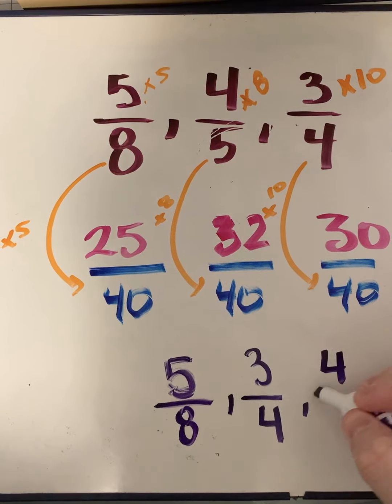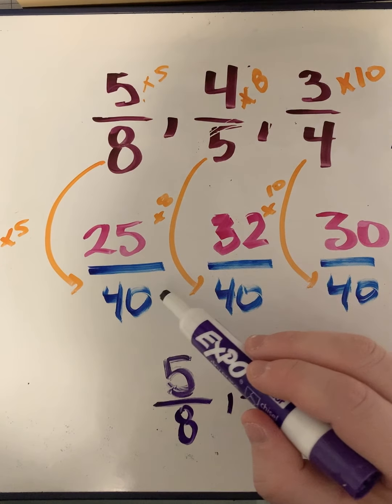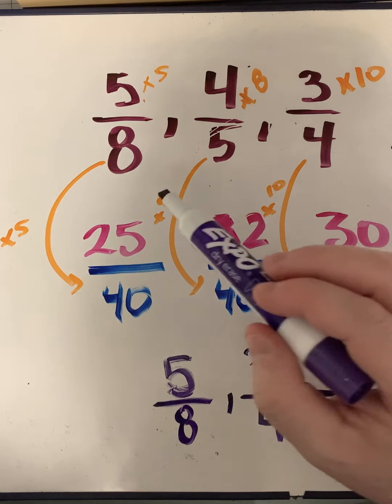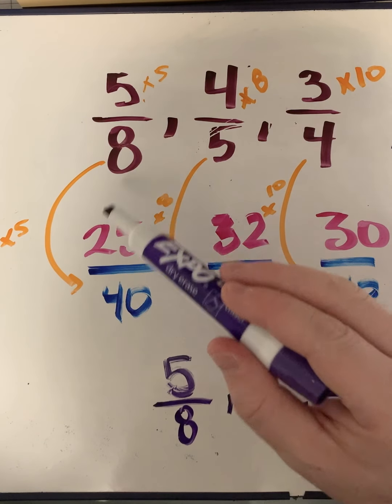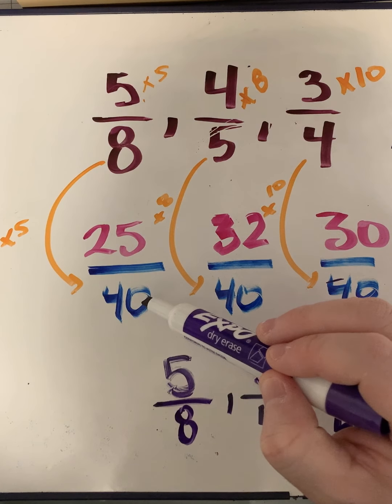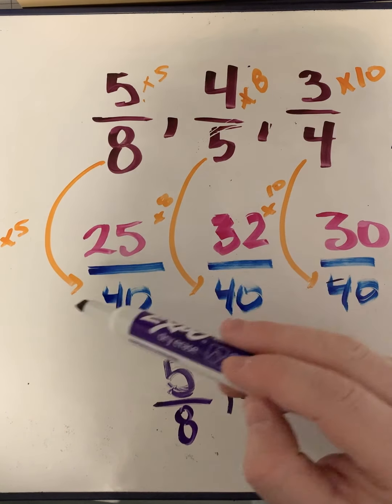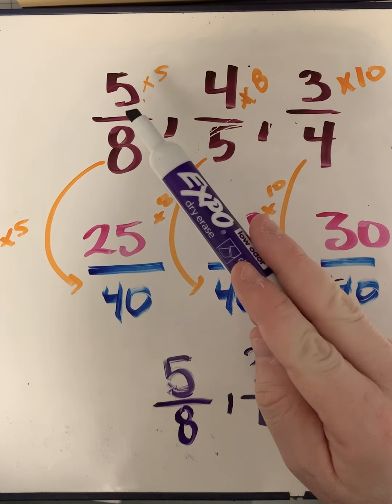And then 4/5. So again, finding the equivalent fraction is all about making sure that your denominators are all the same, figuring out how you got from one denominator to the new denominator, and then approaching the numerator the same way. So again, if you multiply the denominator by 5, you're going to multiply the numerator by 5.